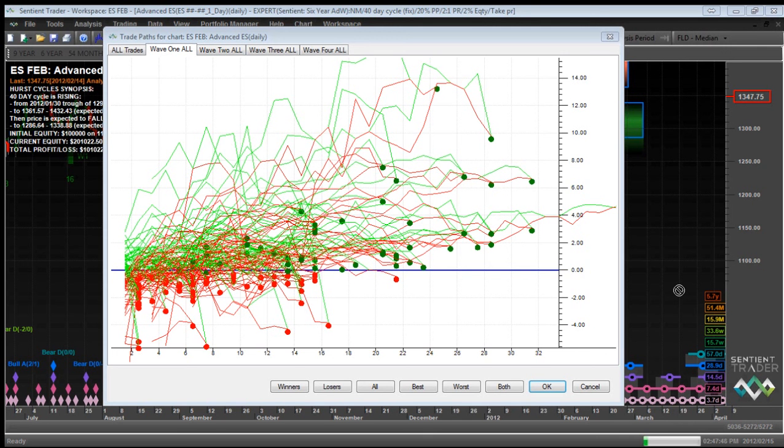Okay. So yes, Jose, in theory, you're absolutely right, because the technicalities of entering a short trade are different to the technicalities of entering a long trade, because you're looking for different confirmations. You're looking for confirmation of a peak as opposed to confirmation of a trough, and it's more complicated entering a short trade. You should see trade paths of those trades being different.